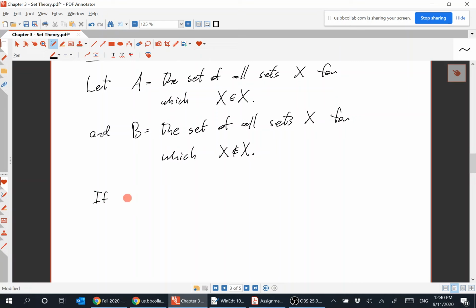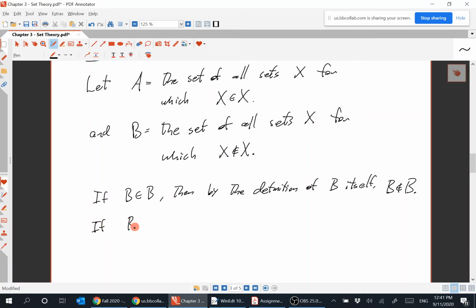So if B is an element of B, then by the definition of B itself, B is not in B. Well, it can't both be true and not true.